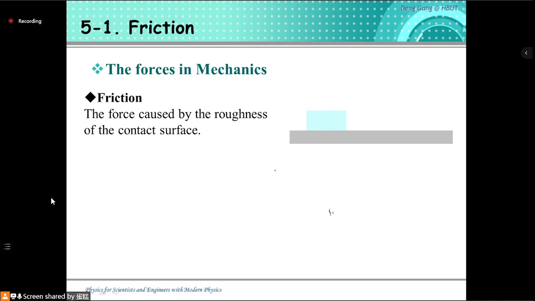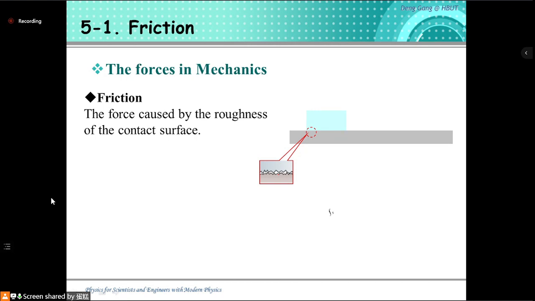So here, if we choose this part and put it under a microscope, you can see something like this. That's why there's friction, because this zigzag part, you can see the shape is like this. They tend to prevent the other one from moving, right?